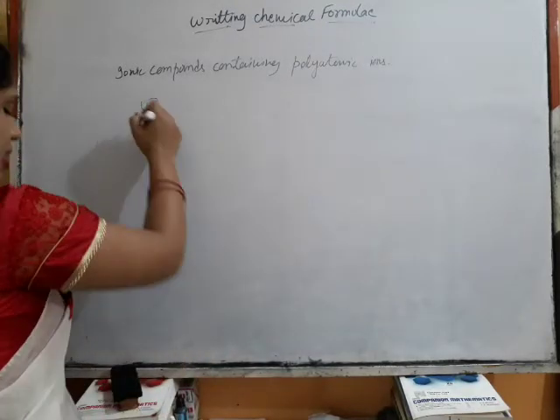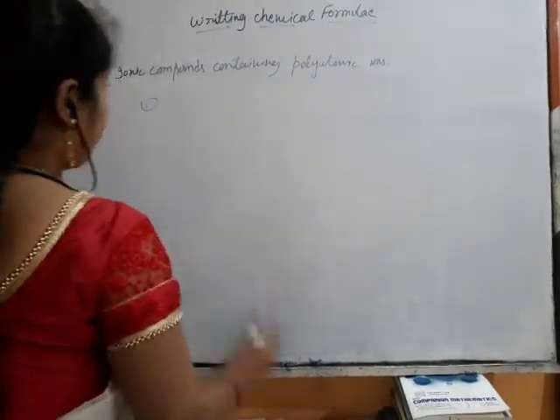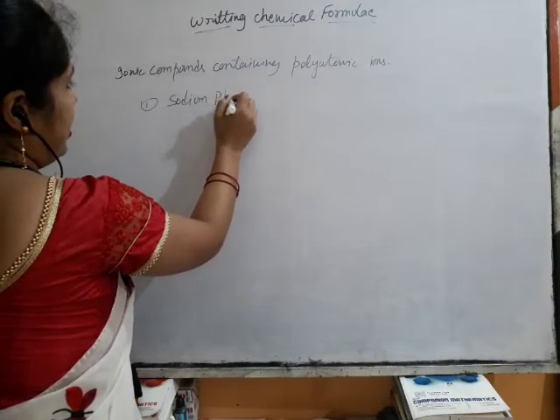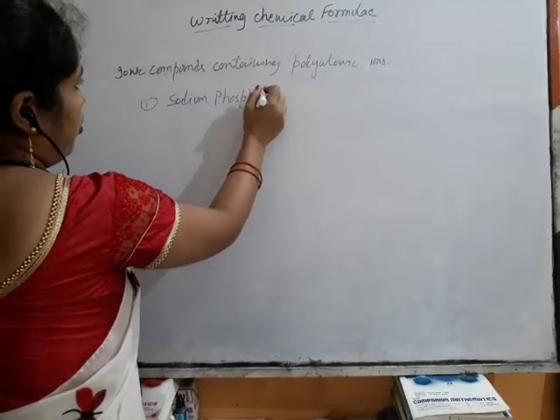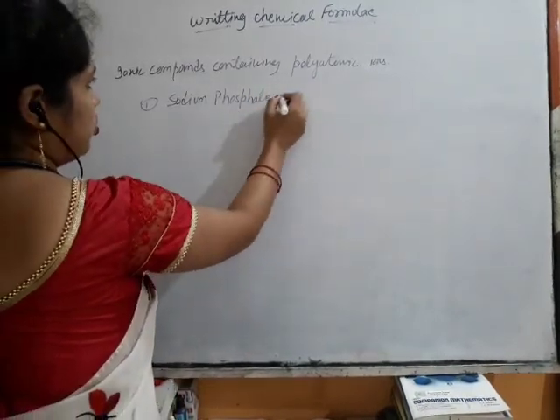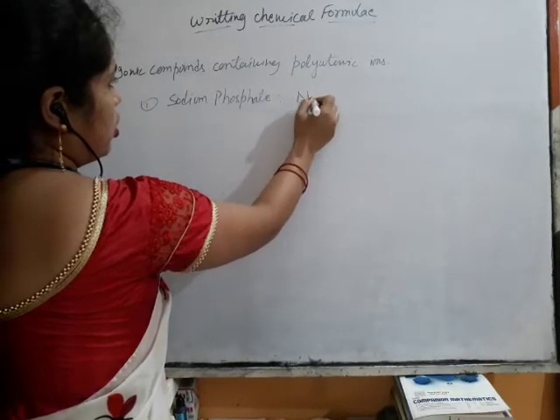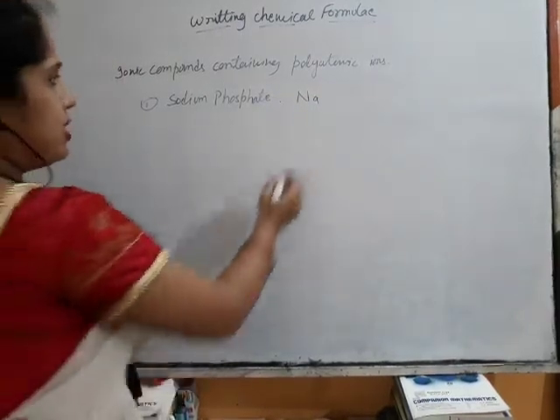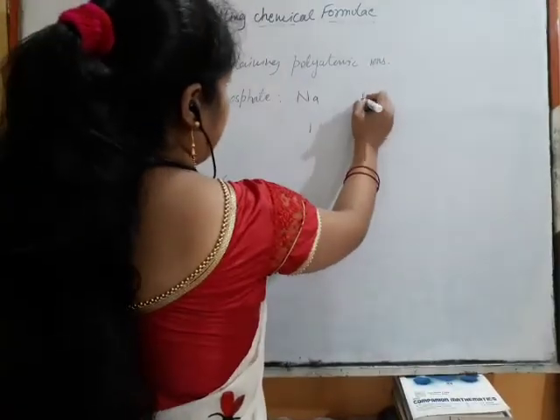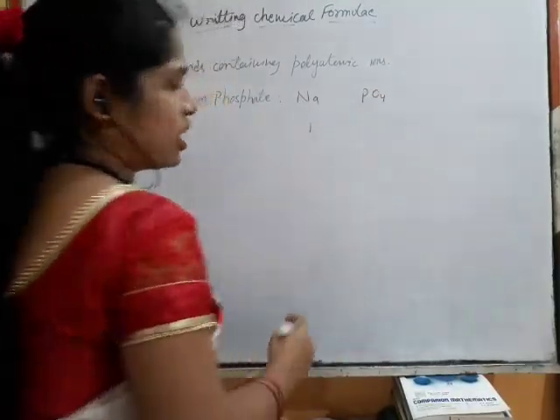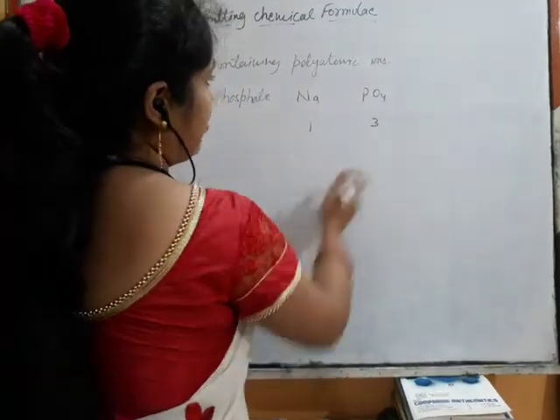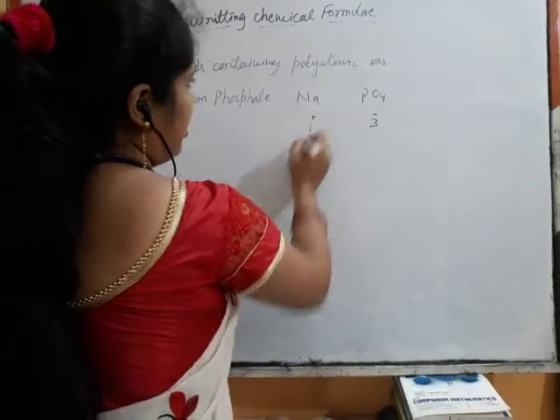First example, sodium phosphate. As we do, the rule will follow. Sodium valency is 1 and phosphate ion is PO4. You can check in your book. This is trivalent, 3 minus and 1 plus.